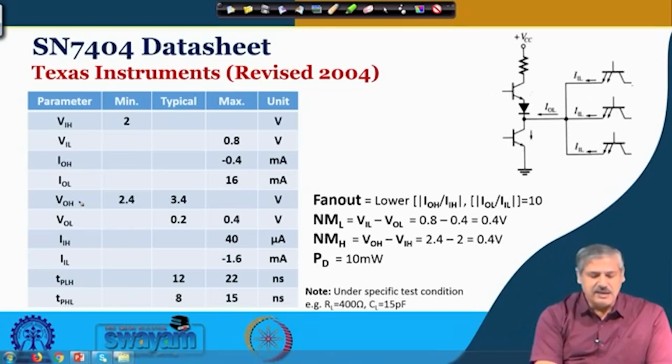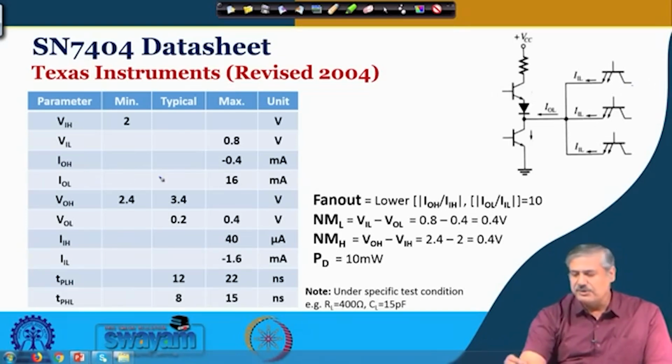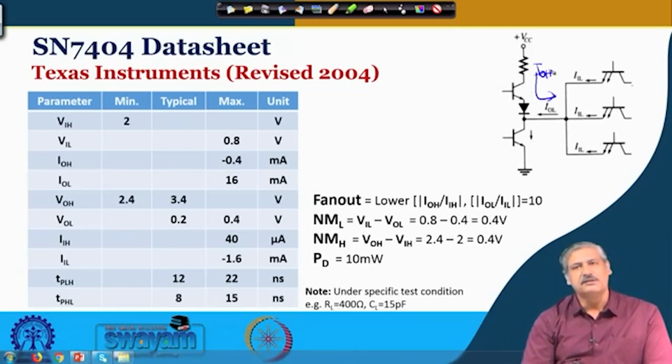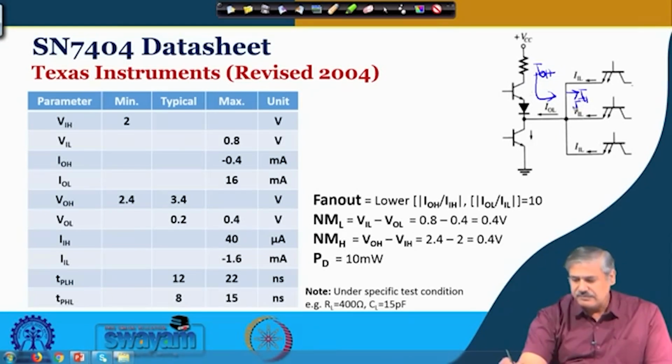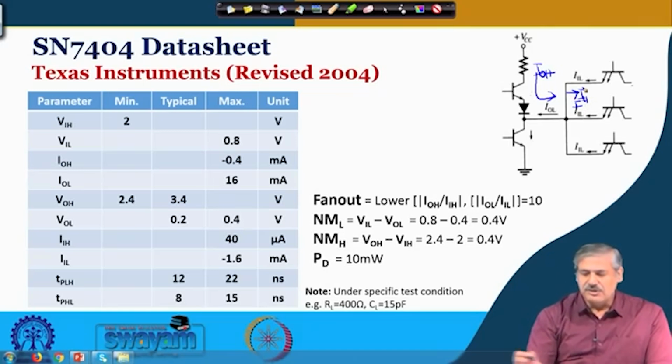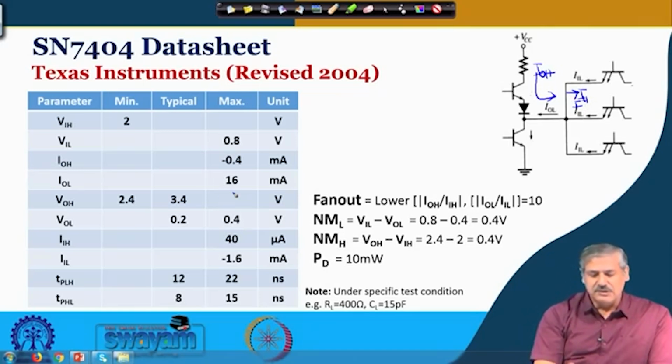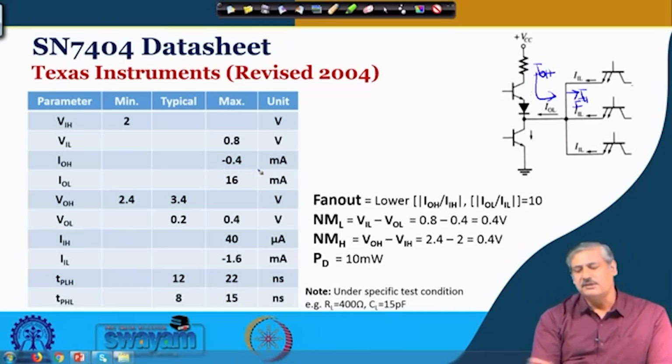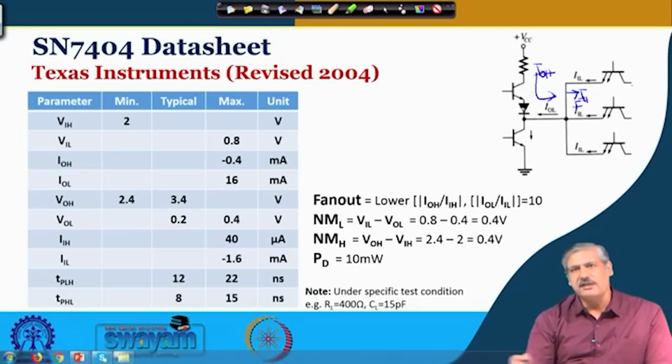And the corresponding IOH, which is coming from here, for the corresponding IIH, is given as minus 0.4 milliampere. Again it is going out, so the sign is negative. So how many such gates can be serviced?